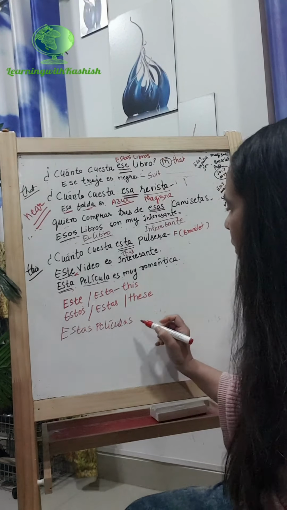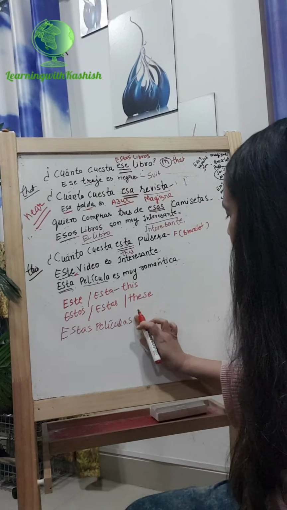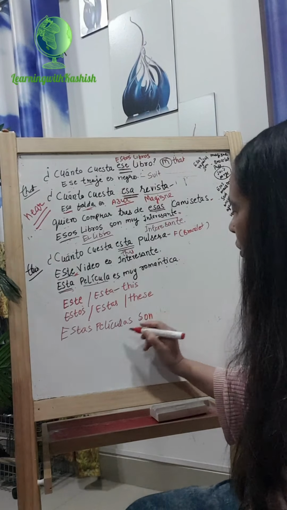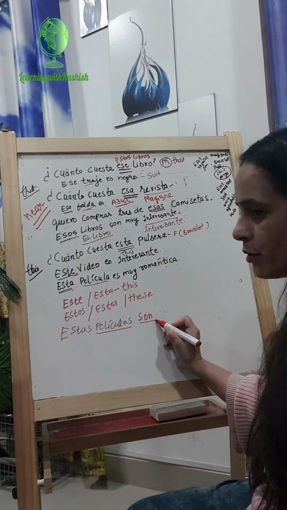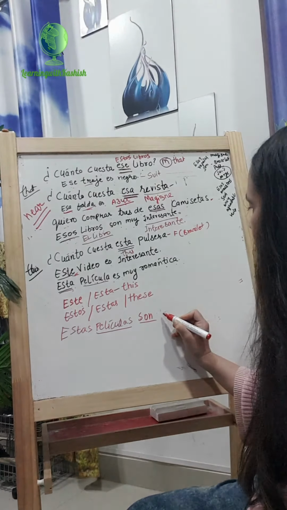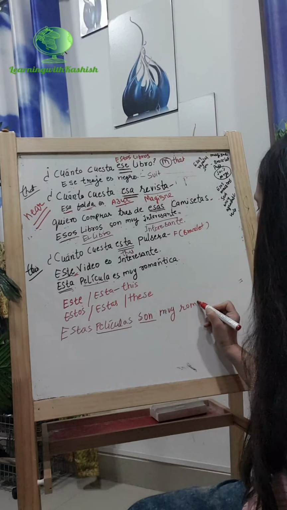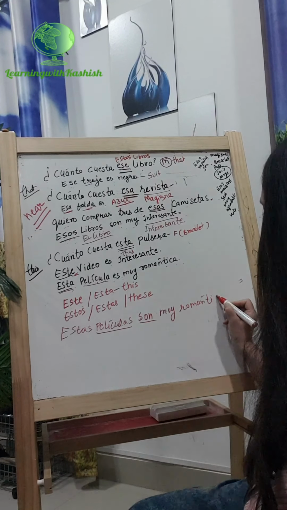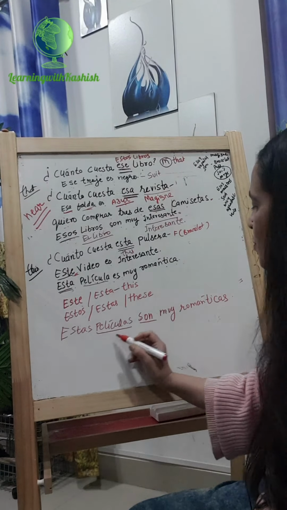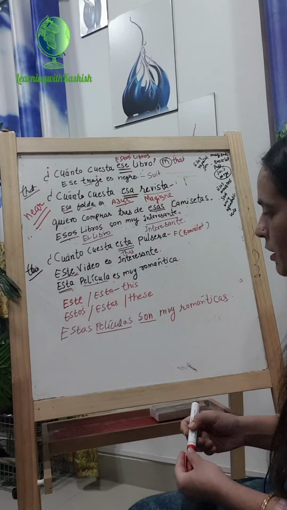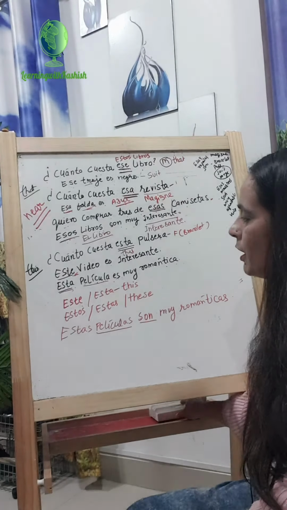We will say plural with s, son, because we are talking about películas, so we will use third person plural, son muy románticas, okay. These movies are very romantic.